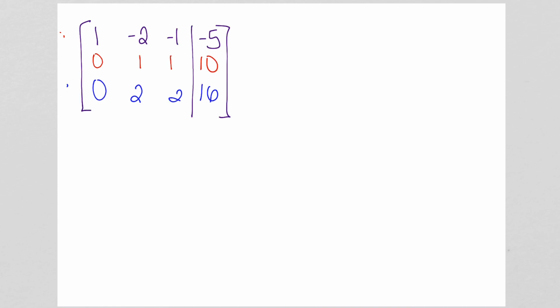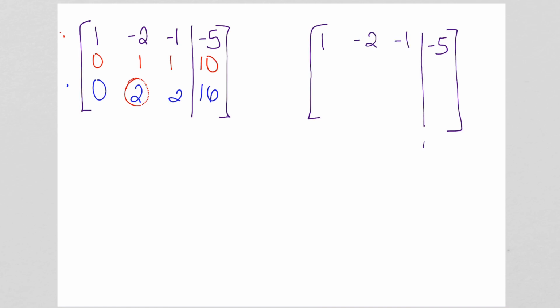Okay, so let's see. Remember, next step is to get a 1 right here. Well, we already got it. Yay. So that means we need a 0 on the bottom middle there. So I'm going to bring over the top 2 rows.